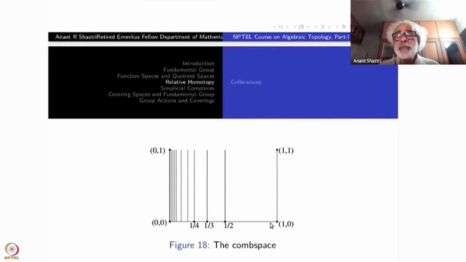So that shows that every point on the x-axis is a strong deformation retract. Without moving that much, let's say half. What I do, I will push everything down to the x-axis and then push to half. Okay, all these lines pushed to half. So every point on the x-axis is a strong deformation retract of this one.